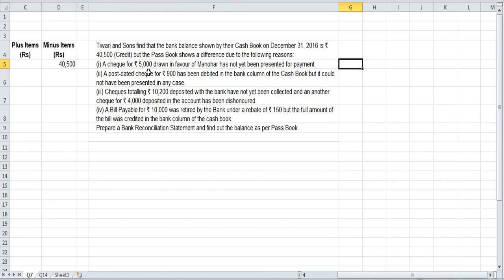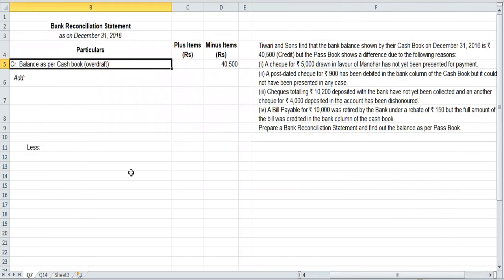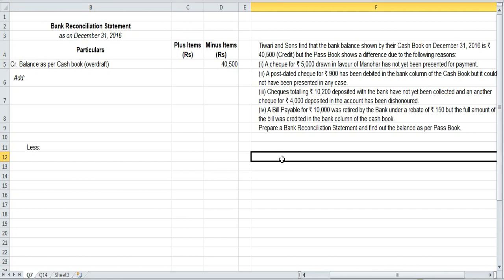Number A, a check for rupees 5,000 drawn in favor of Manohar has not yet been presented for payment. So here what is happening? I'll write it here for understanding.